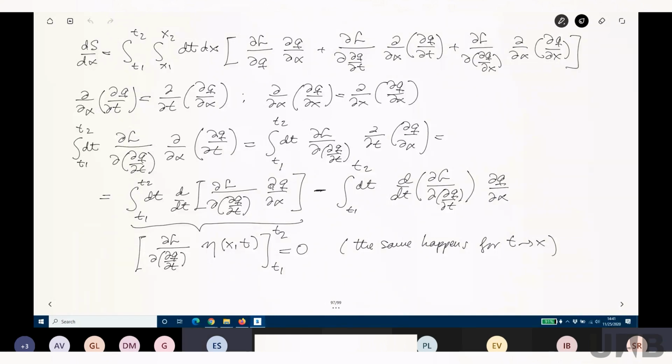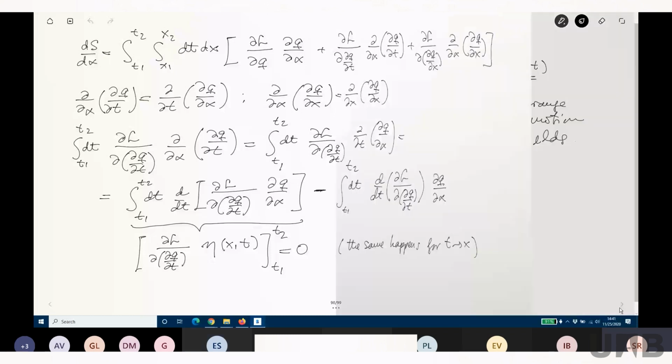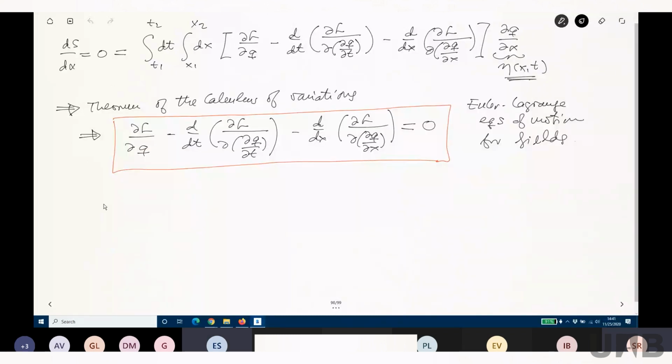That's how, what is the integration by parts rule here, right? What is it? Here we are saying that this is the time derivative. Let me put it in another way. Let me just do a little calculation here.